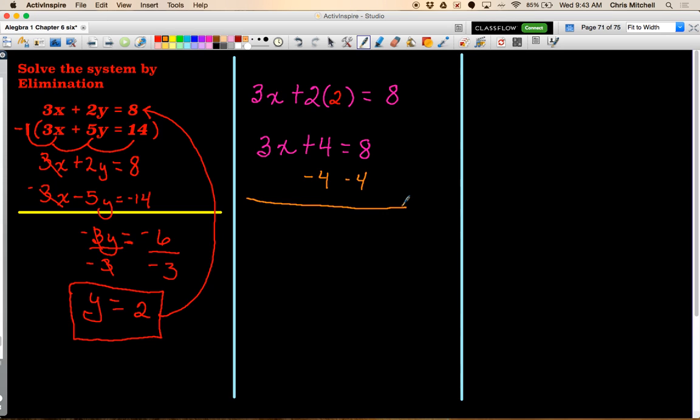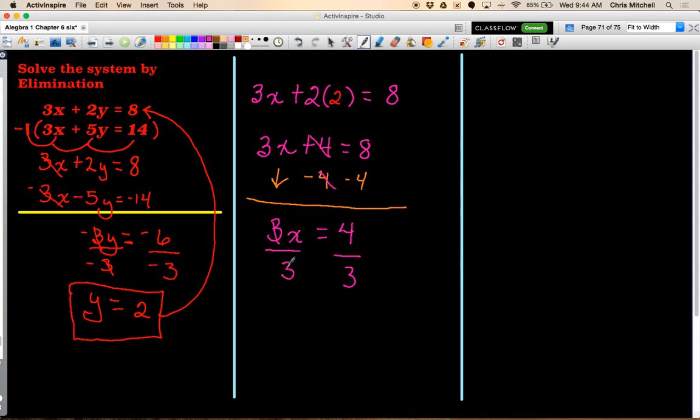And make sure you do the opposite. So I'm going to bring this down. It's going to be 3x, and I have a zero pair here, equals 4. So now we're going to divide both sides by 3.